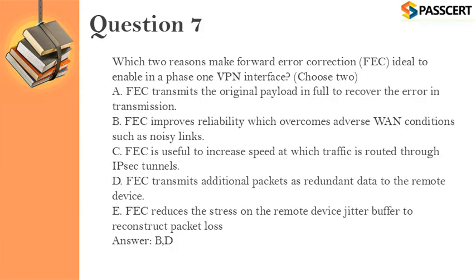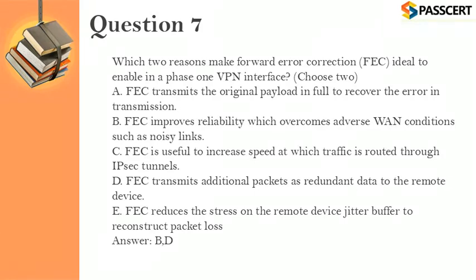Question 7. Which two reasons make forward error correction, FEC, ideal to enable in a Phase 1 VPN interface? Choose 2. A. FEC transmits the original payload in full to recover the error in transmission. B. FEC improves reliability which overcomes adverse WAN conditions such as noisy links.